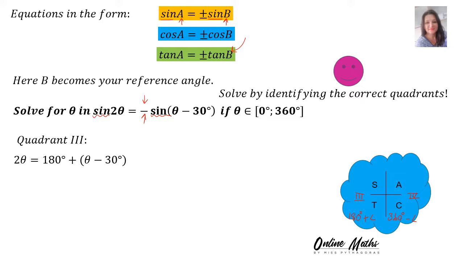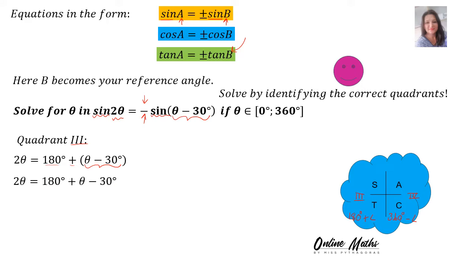So back to the sum. In the third quadrant, you write whatever angle you found on the left, 2 theta, equals, and then in the third quadrant the rule is 180 plus reference angle. Can you remember I said that that angle there will become your reference angle.